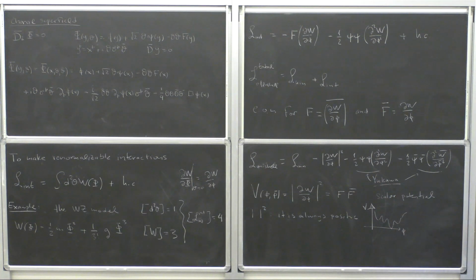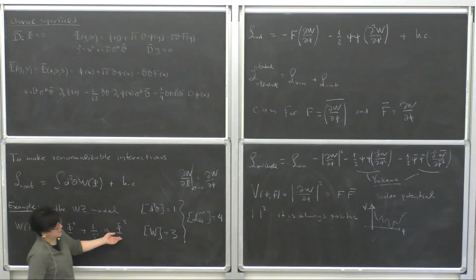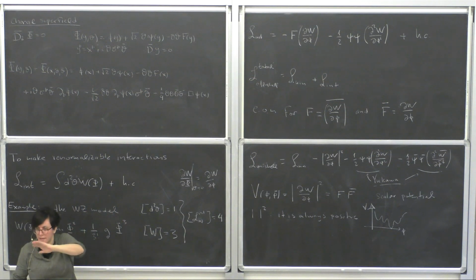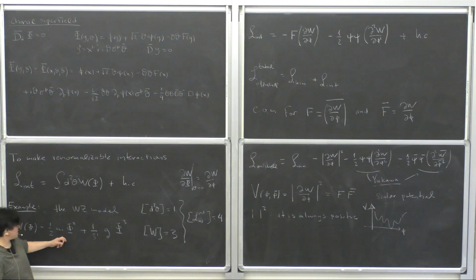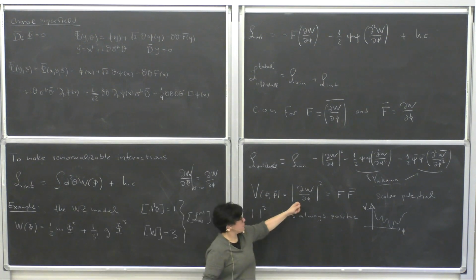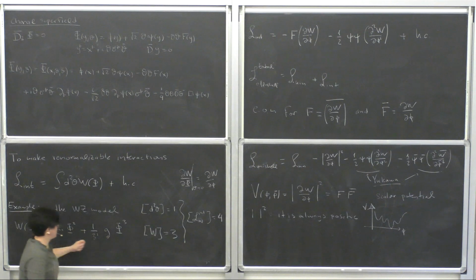So that's what we have. And if you want to make your life very simple, you look here, for example. What is this? This is g phi psi psi. Really Yukawa, the one you know and love. What about this? This gives a mass term for the two fermions, m psi psi. What about the potential if I had this baby?